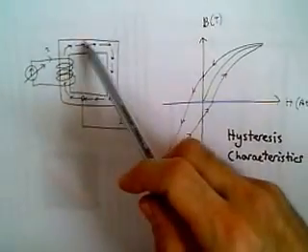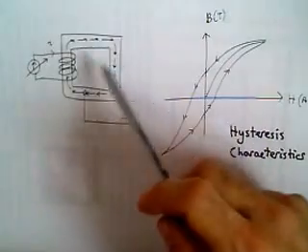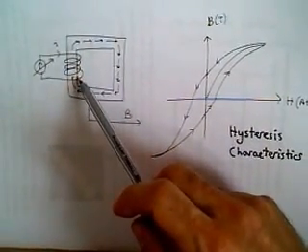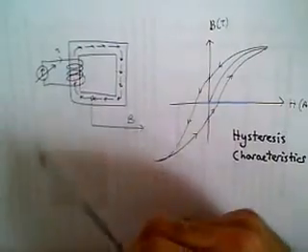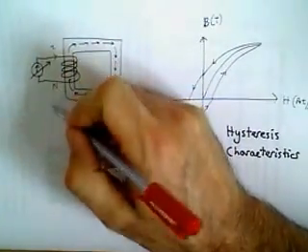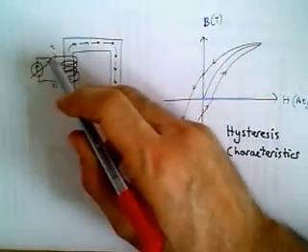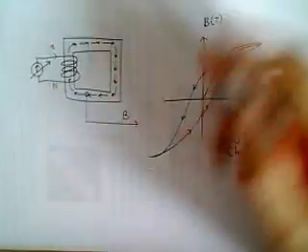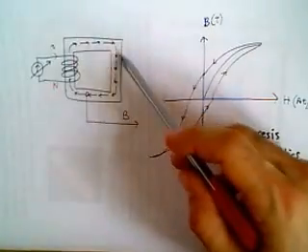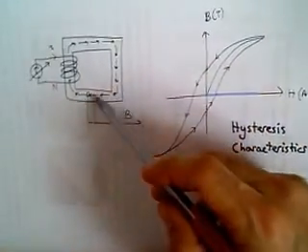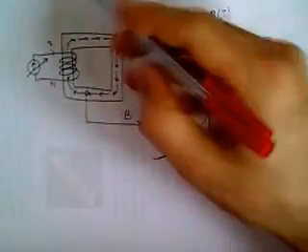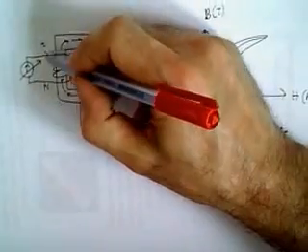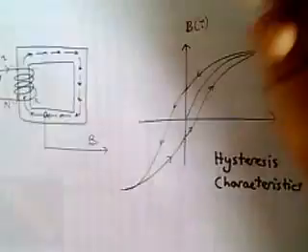So basically this is our material. We wind a coil with a given number of turns, and we change the current through the coil by a controlled power electronic device. So magnetic flux is created within the material. Of course, this material is not ideal, so we create flux in the air as well.